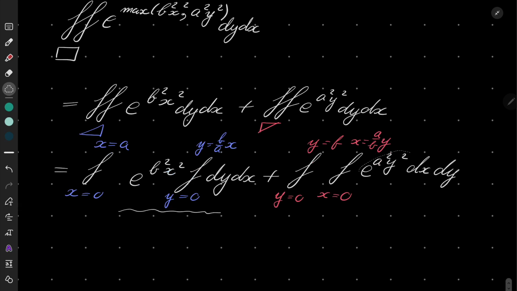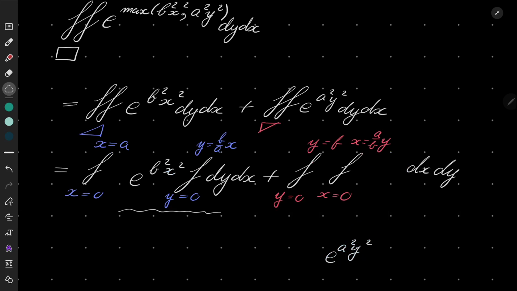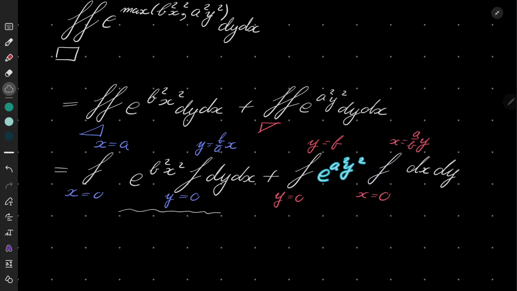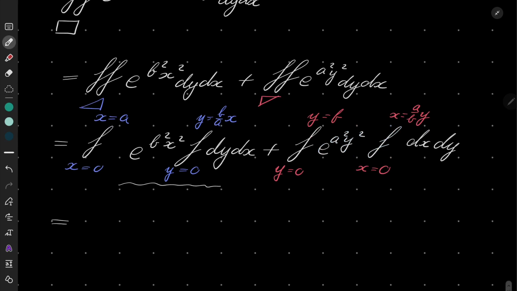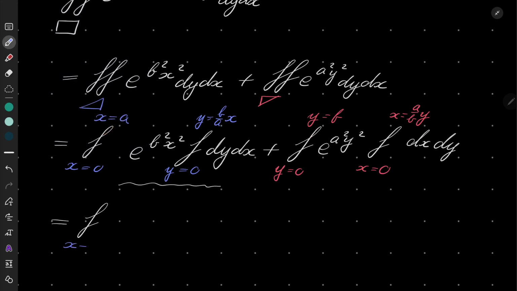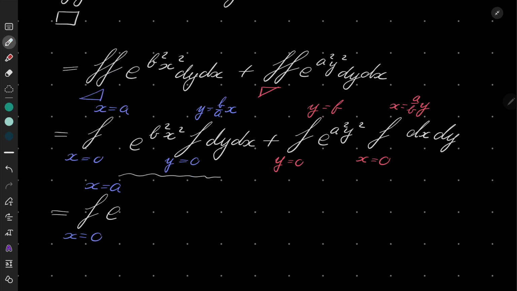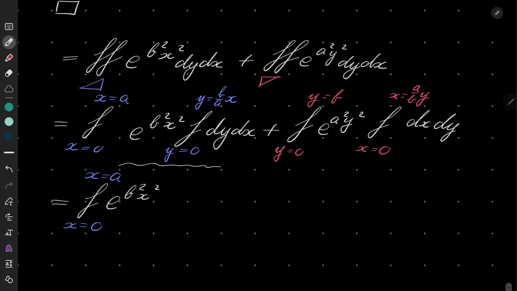Here, very similar trick, we are integrating over x, so this is a function of y, so I can put it before my integral. And that simplifies our problem a great deal, because now we have the following: e to the power b squared x squared, and look, here we have the integral of 1.